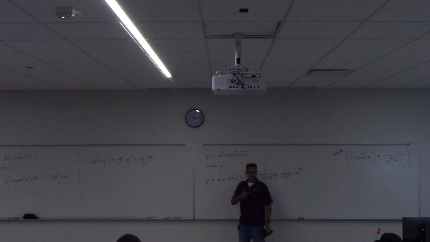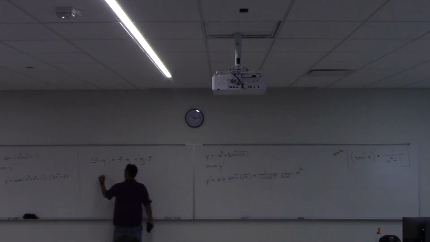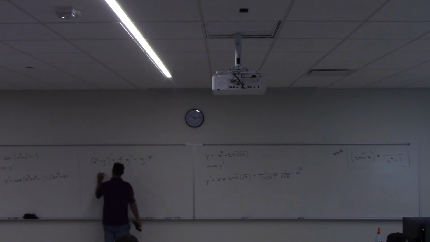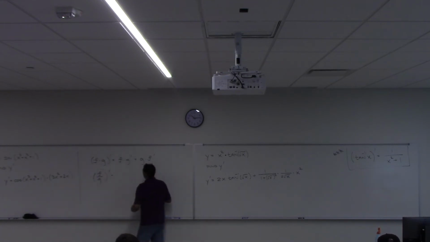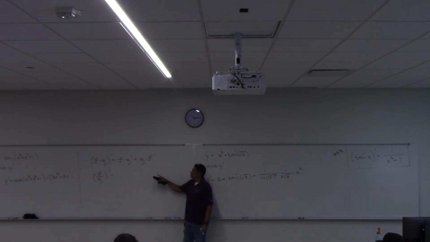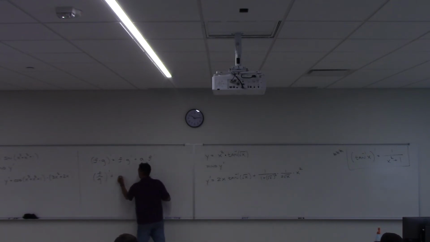Do you remember the quotient rule then? I don't know if it's f prime of x or g prime of x. You don't know which one? I think it's f times g prime of x minus g times f prime of x divided by g squared. I agree with the g squared.